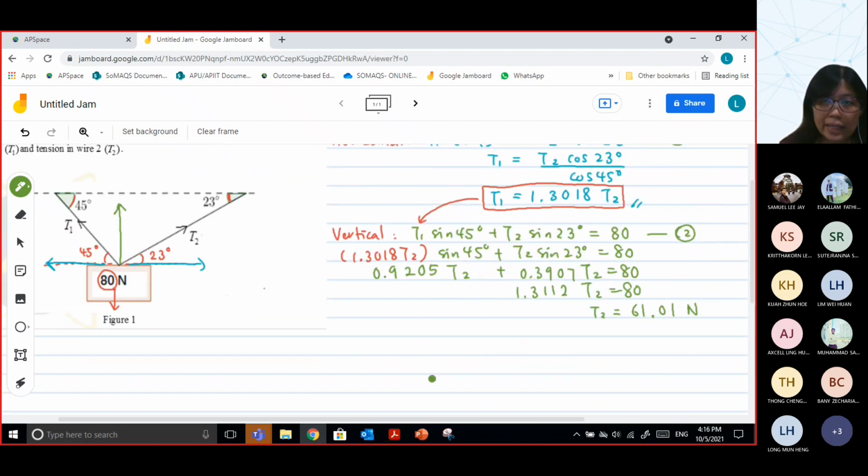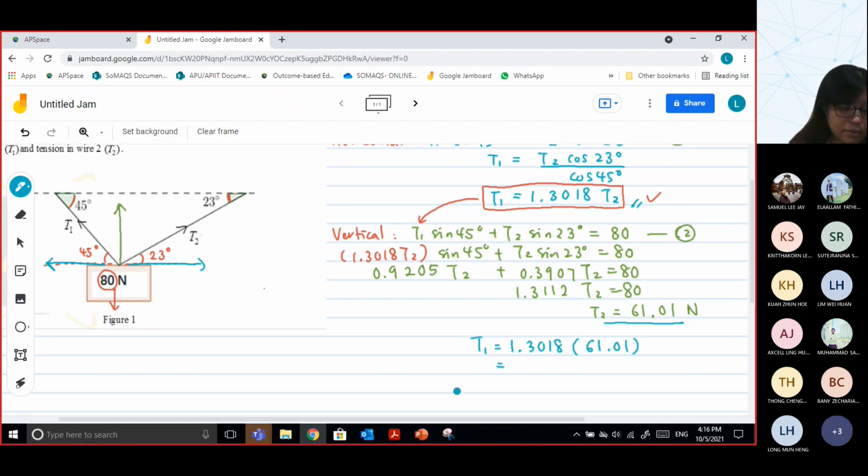Then next, I would like to get T1. So when I get T1, I refer back to this one. So T1 equals 1.3018, substituting with T2, 61.01.